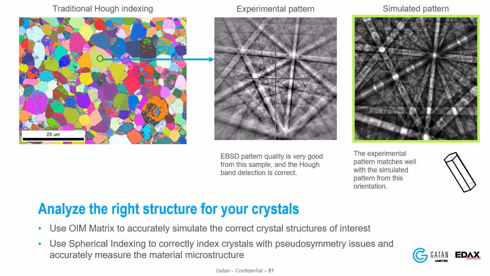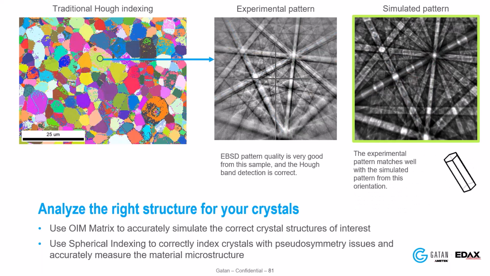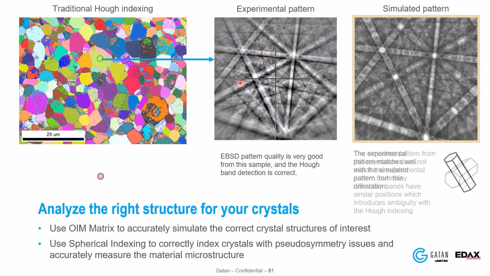But then if we look at the other color within that grain, you kind of toggle back and forth. You see the new grain present, but you can see that some of the bands are very similar. So if I put along here, these band positions are going to be found for both of these orientations. So it's easier for the band detection to start to say, hey, we're looking at bands that are similar between this orientation and this orientation, and that's where some of this speckling comes from.